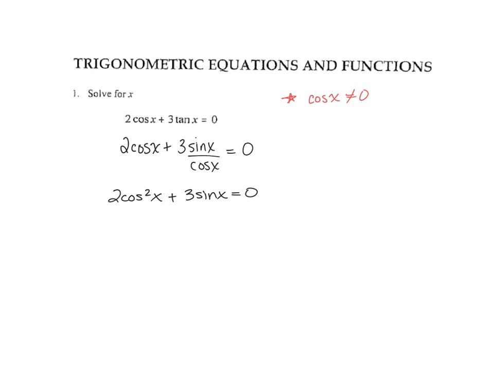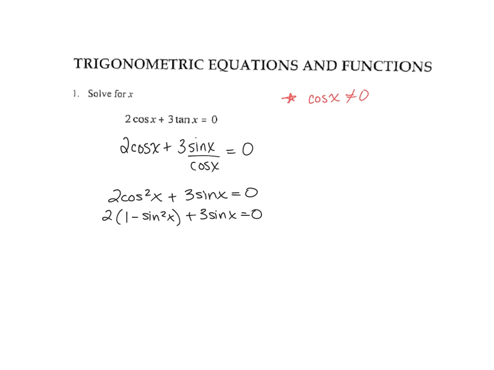Okay, so now I'm hoping we'll still notice we have two different trig ratios. I have a cos squared x and I have a sine x, but you'll recall from last week that we can then change that cos squared x into 1 minus sine squared x using our Pythagorean identity.